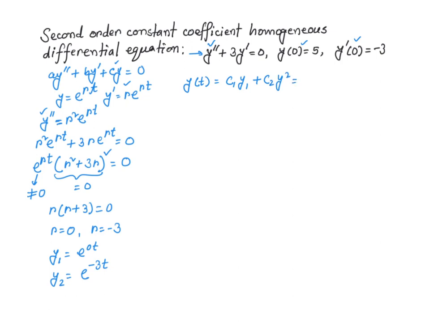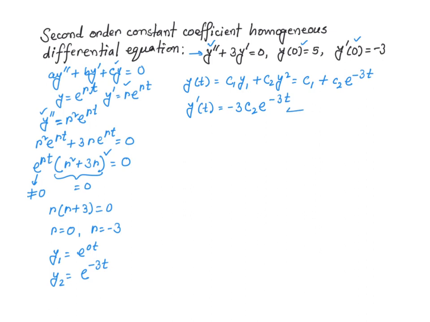So the general solution is going to be y of t is equal to c1 y1 plus c2 y2, which is equal to, so now c1 y1 is actually just c1 times 1, so I'm just going to put it there, plus c2 times y2, which is e to the power negative 3t. So y prime of t is going to be negative 3 c2 e to the power negative 3t.